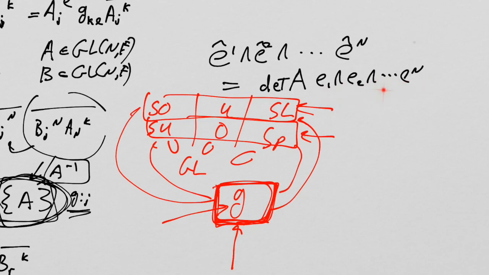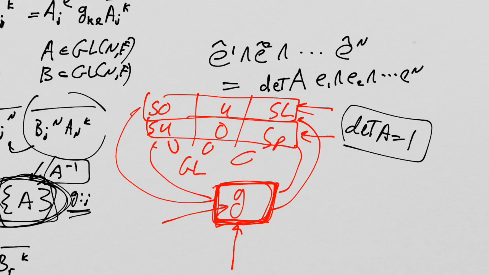The only difference between the unhatted volume form and the hatted volume form is simply a factor of the determinant of A. So this is volume preservation. Gilmore calls this the volume preserving group. So A is a volume preserving group, and that's all. Basically, if the determinant of A equals 1, you're volume preserving. If the determinant of A does not equal 1, you're not volume preserving.